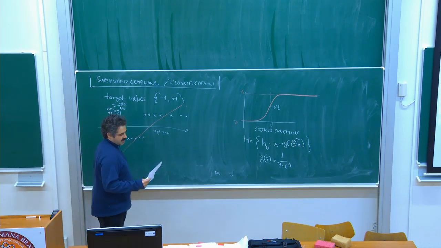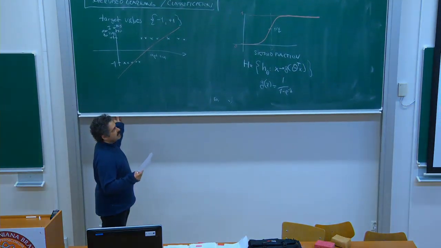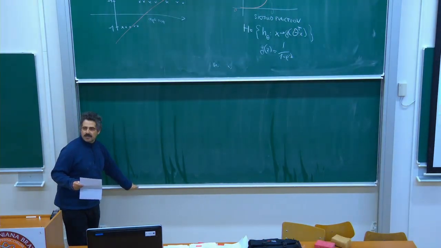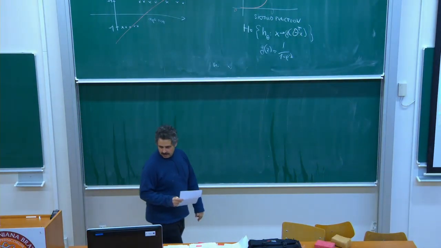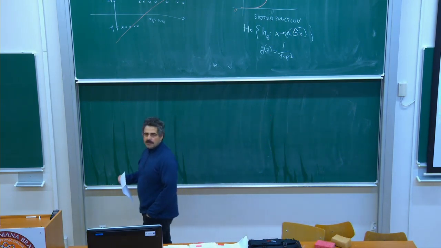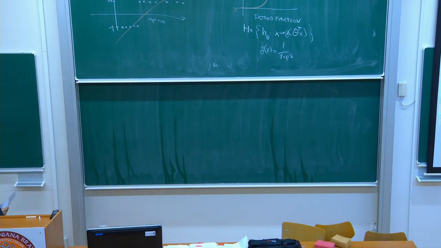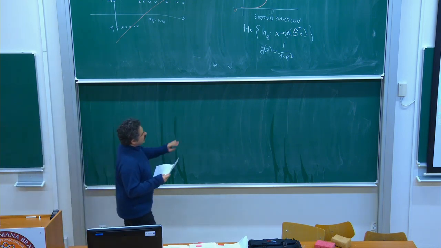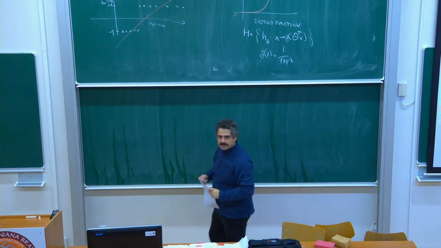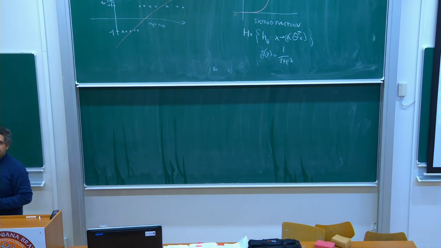Okay. So we need to put this uncertainty into our evaluation function, into our error function, right? Yeah? The sigmoid function, correct? I think so. It should be 1 plus. It should be plus, right? Good, thanks.